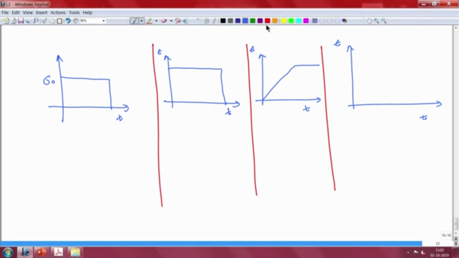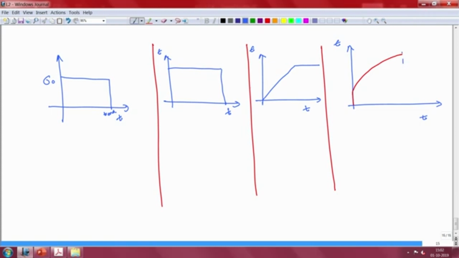The three cases. We have already drawn the first part, right, which looks like this. But what happens when the stress is released? Let us call this T end.